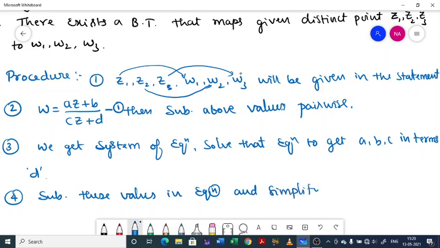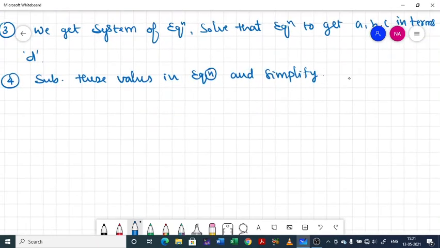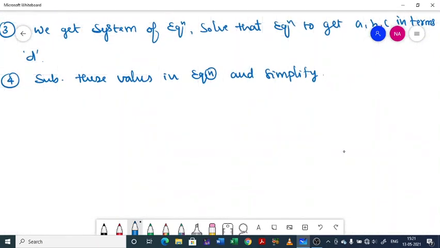That will give you the required bilinear transformation.